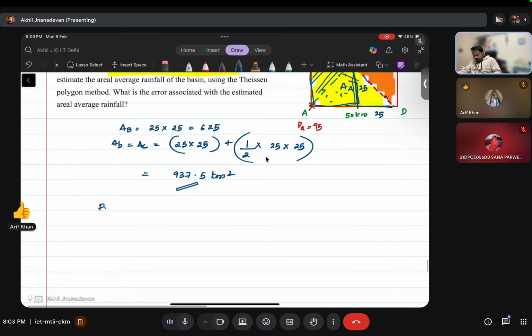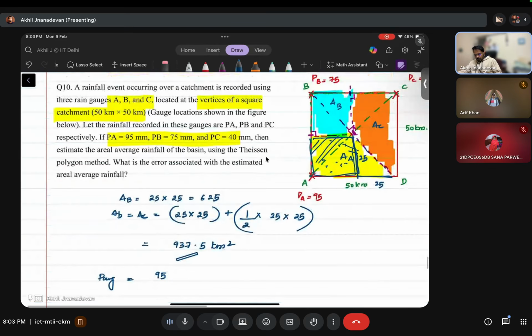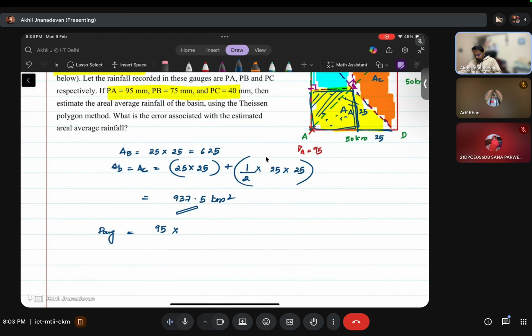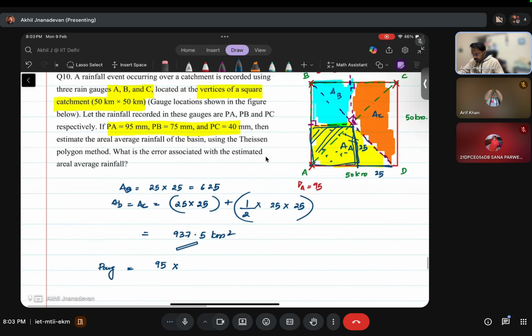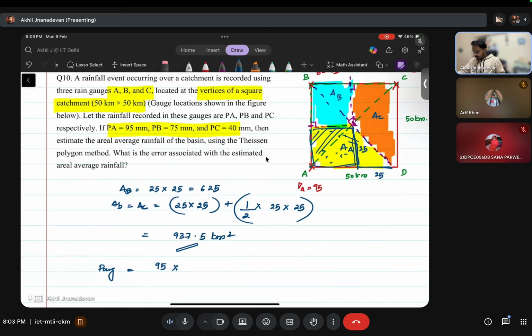The average precipitation will be the precipitation at A, which is 95, into the area of A, which is 937.5. Sorry, I made a mistake: this is the area of A and C, right?